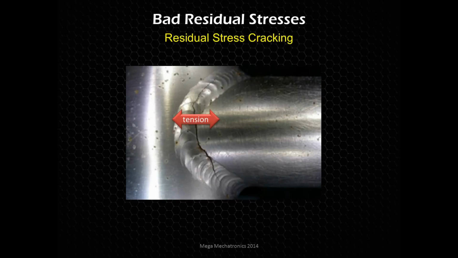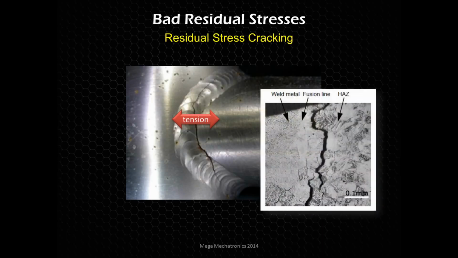So having that residual stress in there, you can imagine a tiny corrosion pit gets generated right at that fusion line, and then it just gets worse from there and cracks, where a part that was properly manufactured could be filled with corrosion, and because it doesn't have these residual stresses in there, could maintain its structure.